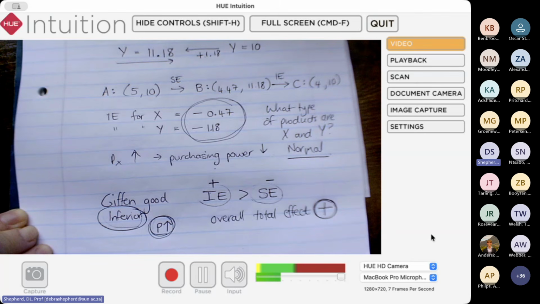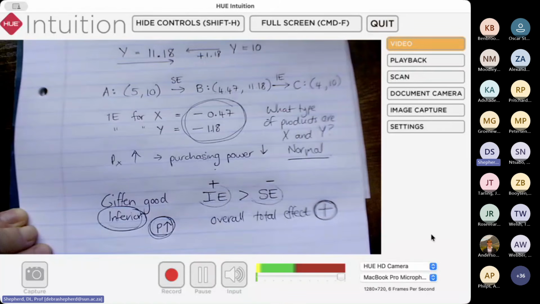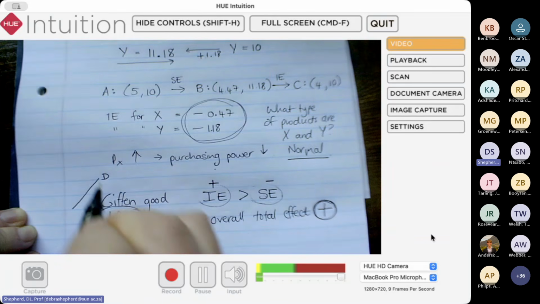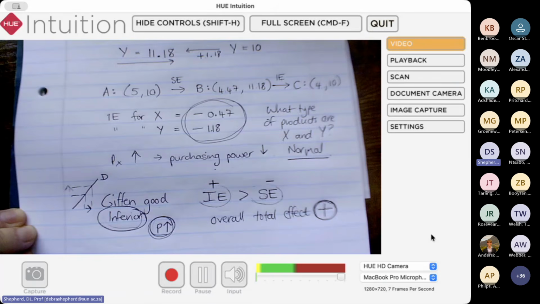The law of demand says if price goes up, quantity goes down. So Giffen goods have upward sloping demand curves. If prices go up, we consume more of it. And the reason this happens is because it's an inferior good whose income effect dominates the substitution effect. Really great question.